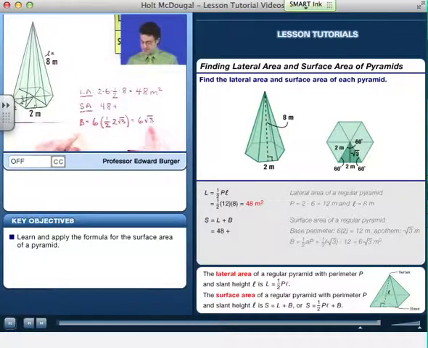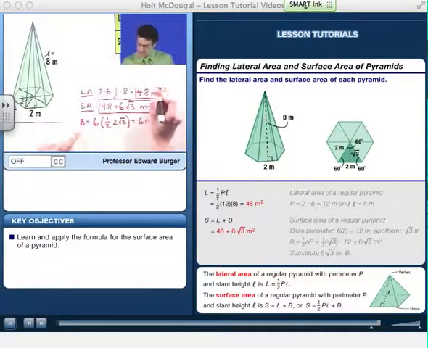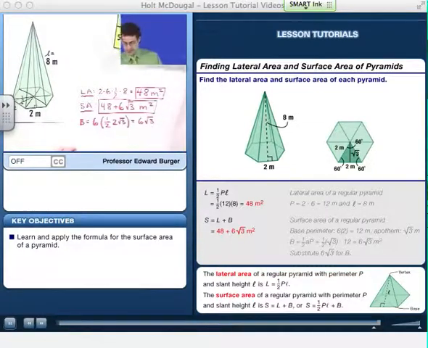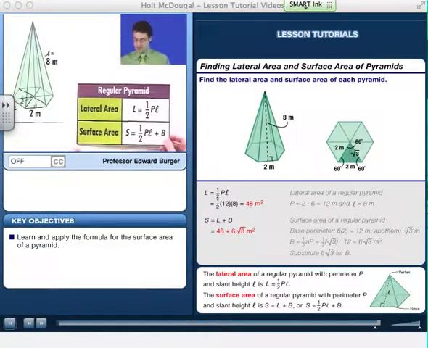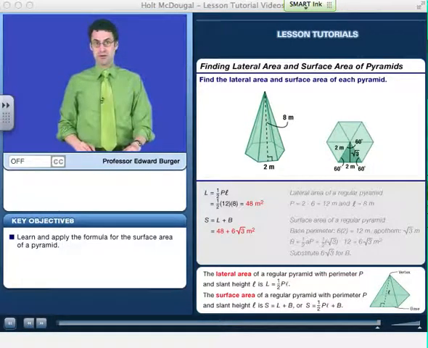And so that represents the area of the base, and so if I add that in here, 6 square root of 3, then that sum represents the total surface area, and again, the units are meters squared. So there's the answer for the total surface area. Here is the answer for the lateral area, and you can see how these formulas really allow us to uncover the structure of what's going on with regular pyramids.